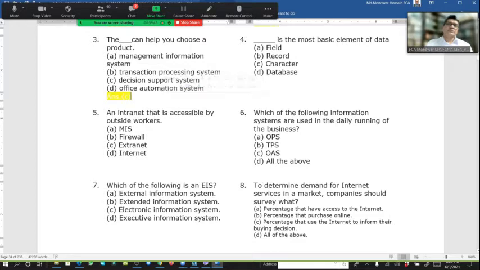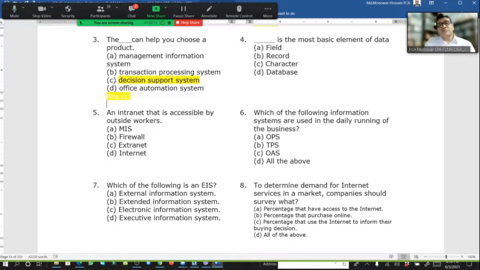Say the answer. What is it? Answer C, decision support system. The decision support system can help you choose a product. That means how we can choose our product. Decision support system is the logical tool that can help to choose the product.